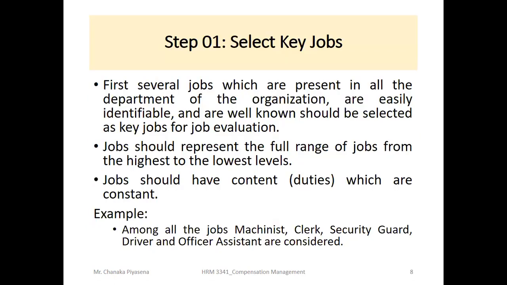In the first step, we need to select the key jobs. Several jobs which are present in all the departments of the organization, and are easily identifiable and well known, should be selected as key jobs for evaluation purposes.